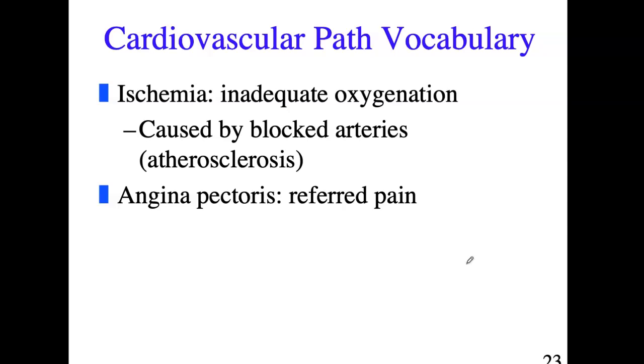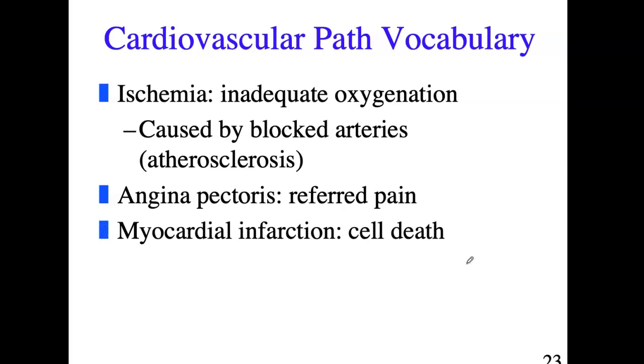Angina, or angina, it's pronounced both ways, is referred pain, so the pain in the arm, pain in the back, resulting from a heart attack. Myocardial infarction is cell death. So myocardial infarction is showing that there have been cells that are dying within the heart.